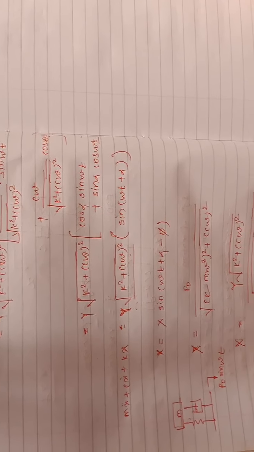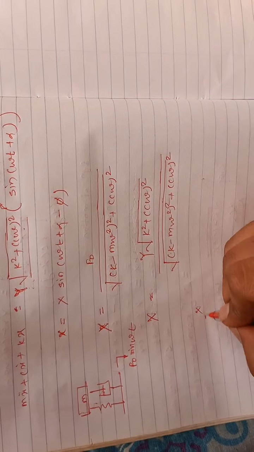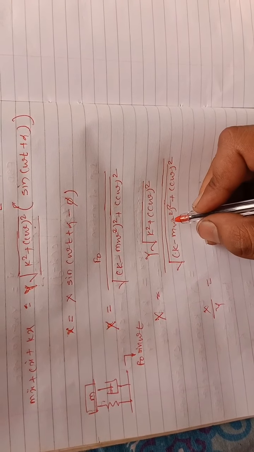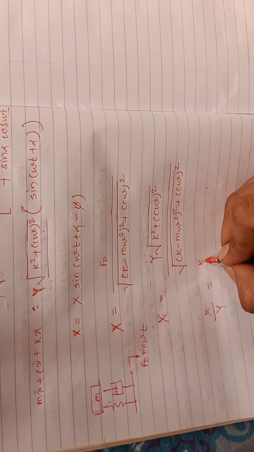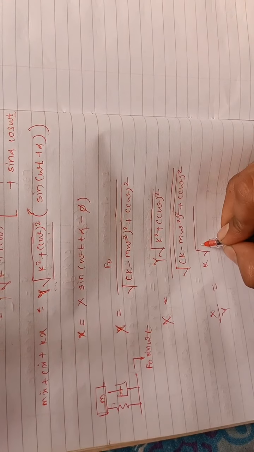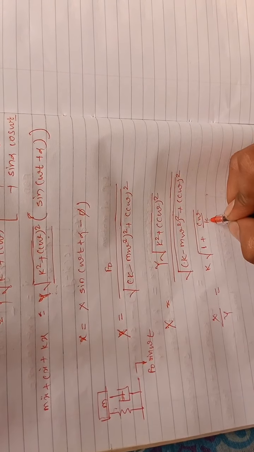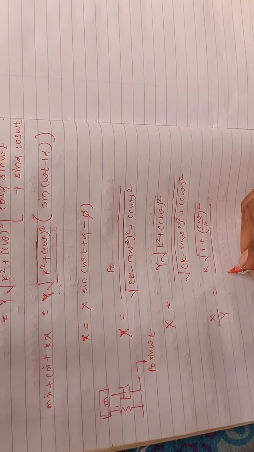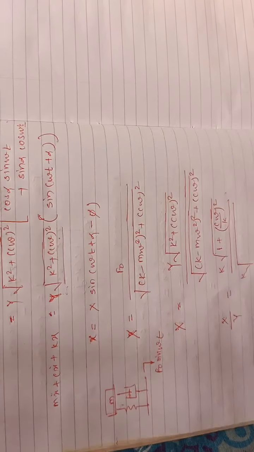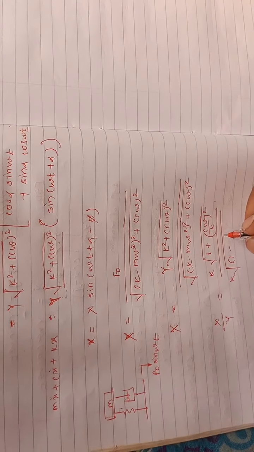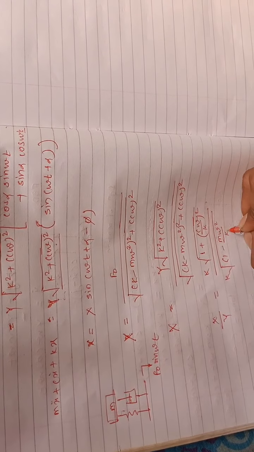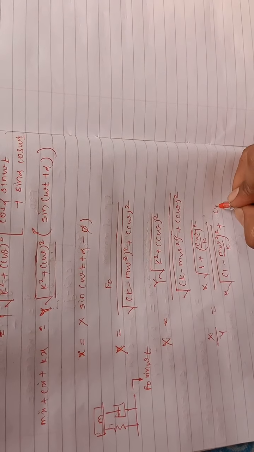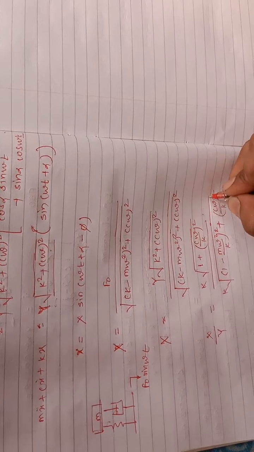So X by Y is equals to, we will take the common k, bracket 1 plus (c omega by k) bracket square divided by k bracket 1 minus (m omega square upon k) bracket square plus (c omega by k) bracket square.